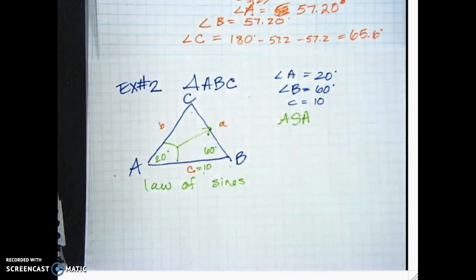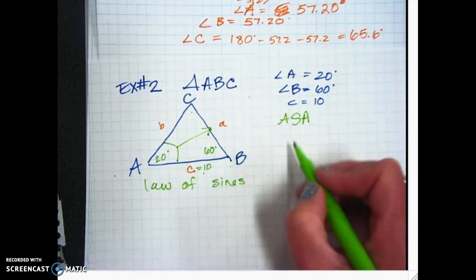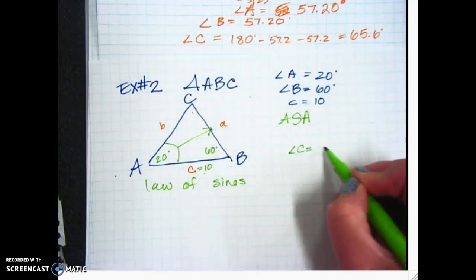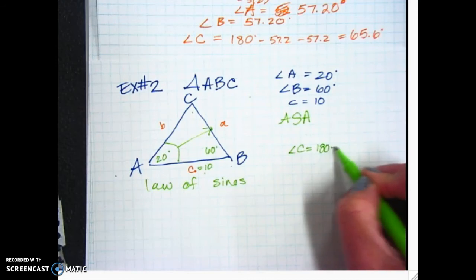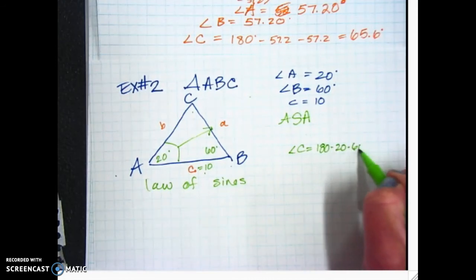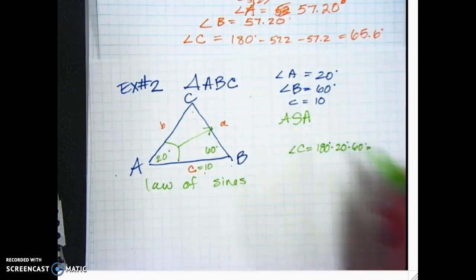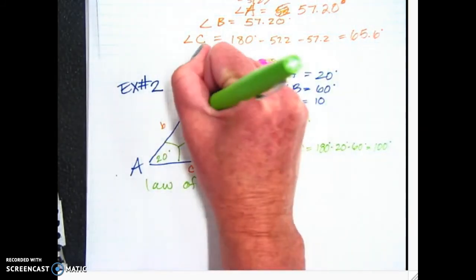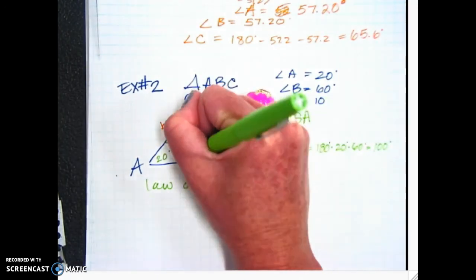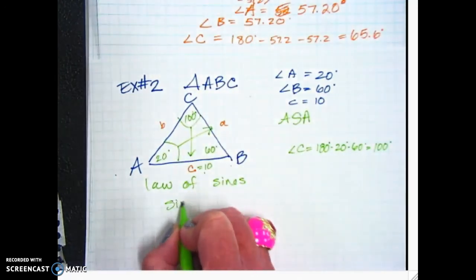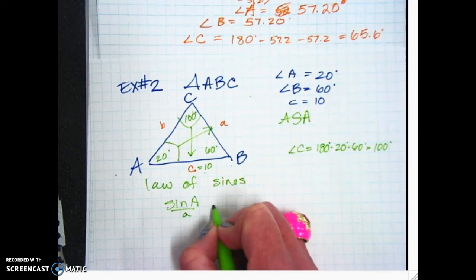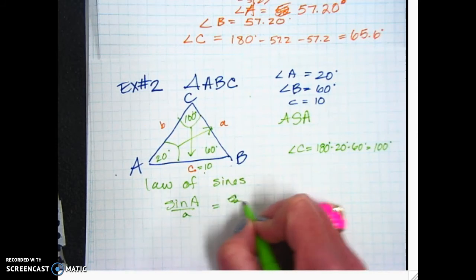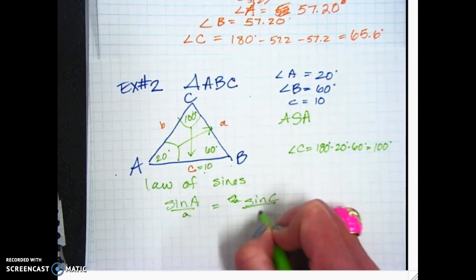But can we get its angle? Yeah, since we know 2 of the angles already, that means angle C is going to be 180 minus the 20 minus the 60. So that's what? I just got 100 yet. So now we've got angle C and its opposite. So we're going to say sine of A over A equal to sine of C over C.